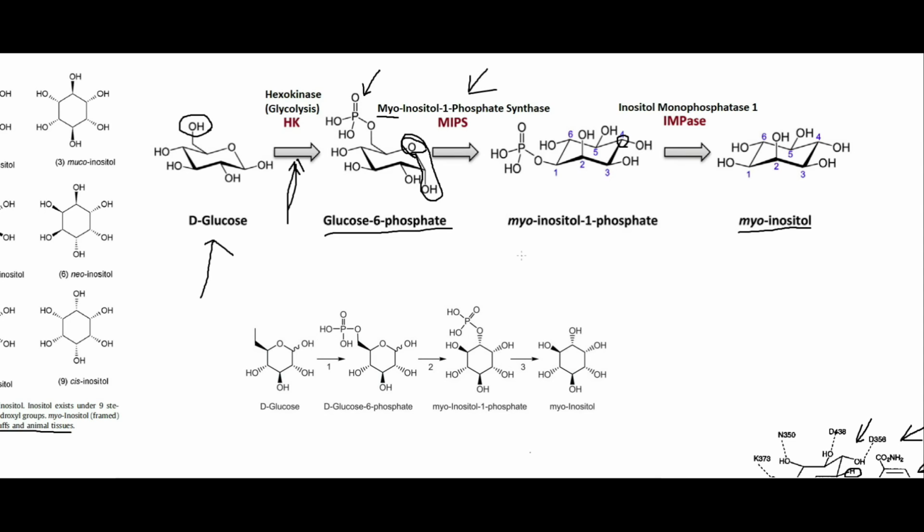So you might have heard of things like myostatin and stuff like that, which are pathways in the muscles. But anyway, let's not get ahead of ourselves. So we have this myo-inositol 1-phosphate synthase, which removes that oxygen in the ring structure there. Then we have this inositol monophosphatase 1, which then removes that phosphate off of this, and we end up with our myo-inositol.